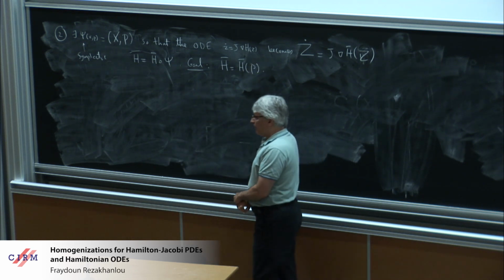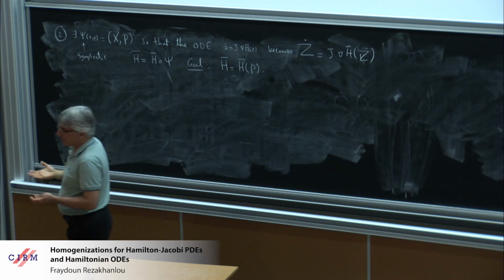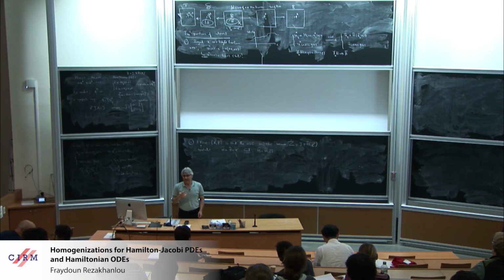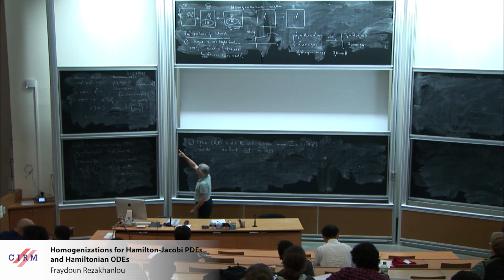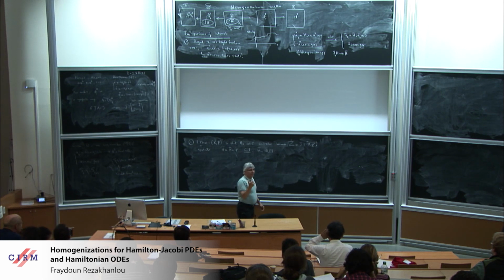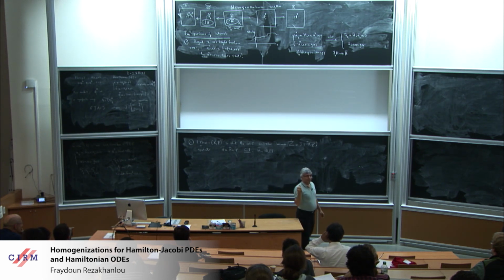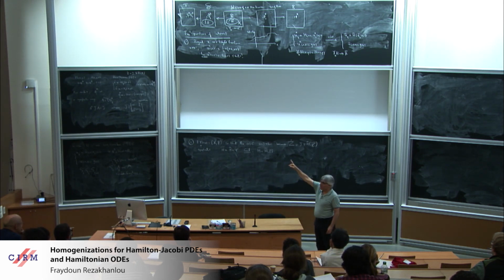Now, another thing happens. You see, what is significant about Hamiltonian ODEs is that even though you're dealing with an ODE in dimension R^2d, the vector field is determined fully in terms of a scalar valued function, and that is H. There's a lot of structure going on because of the very form of the right-hand side. For example, the right-hand side is a divergence-free vector field, but there is a lot more in there.